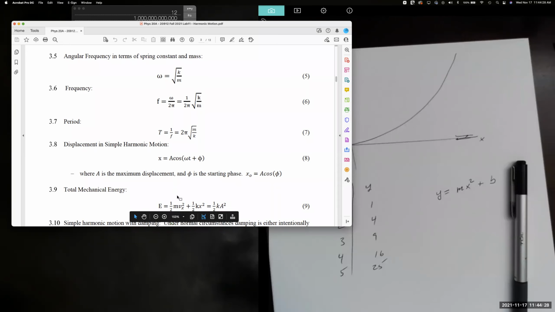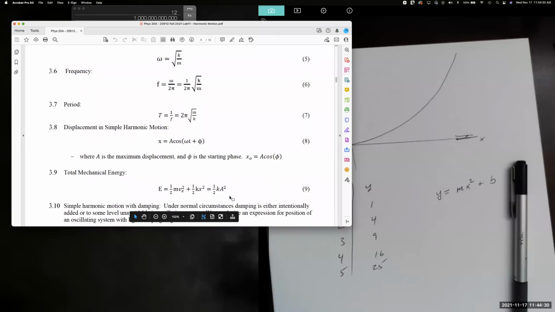We also know that our total mechanical energy is 1/2 m v_x squared plus 1/2 kx squared. And that has to equal 1/2 kA squared, because we know that when the displacement is at its maximum, the velocity is 0.